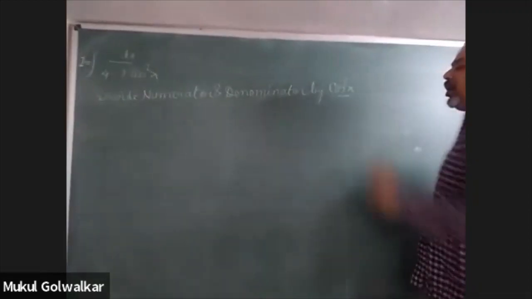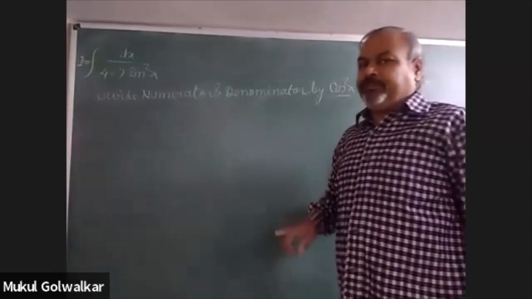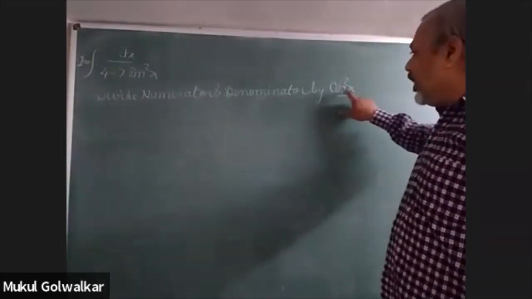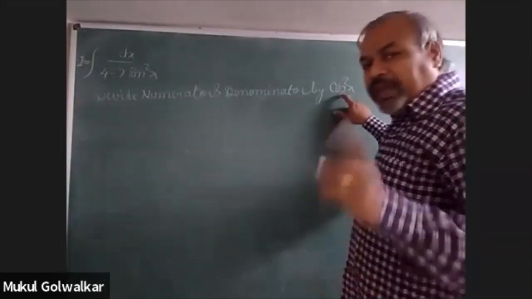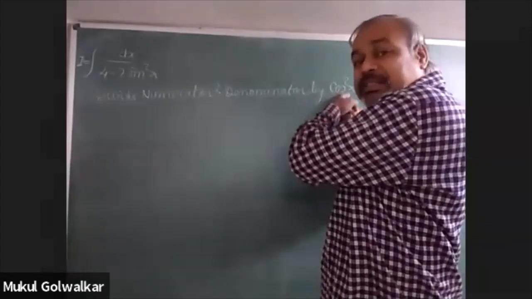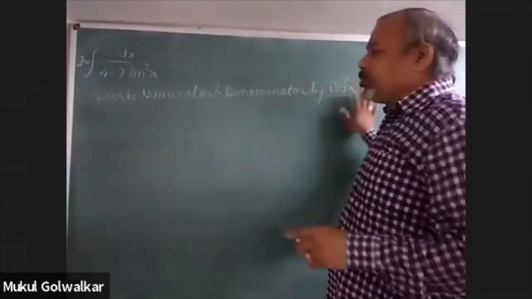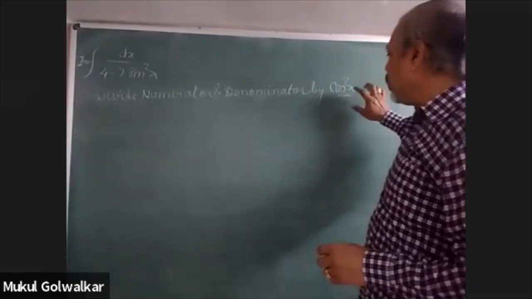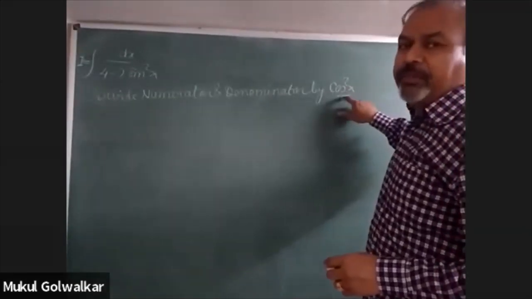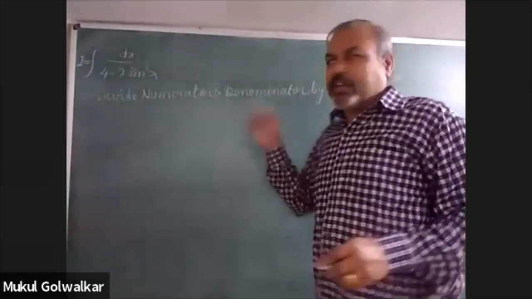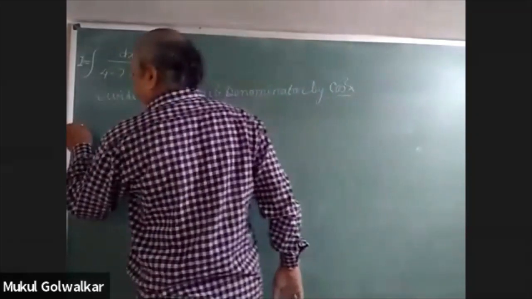And here I am writing cos square x because I prefer it, though in place of dividing by cos square x, we can solve it by dividing by sin square x also. So both options are available, but we normally prefer to divide by cos square x. The reason I will explain while solving the question.